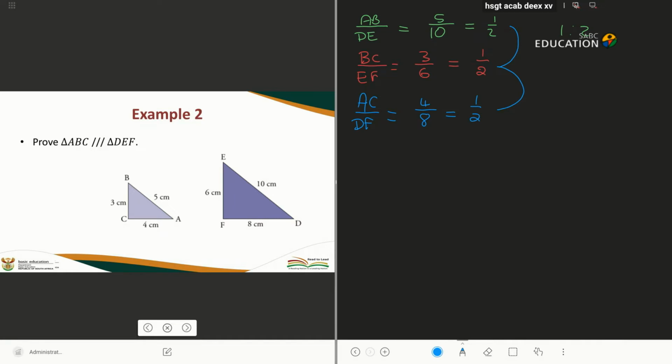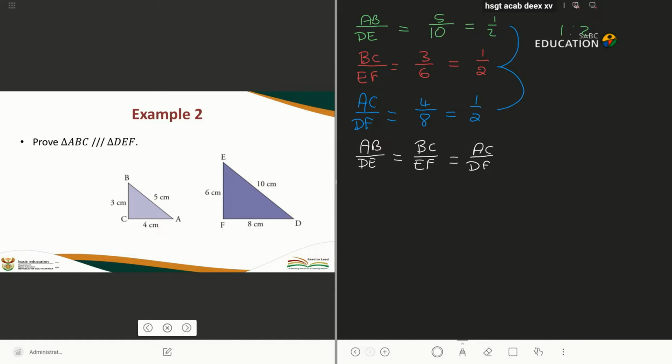Therefore, you can do the comparison and say, well, AB divided by DE is equal to BC divided by EF, which is equal to AC divided by DF.